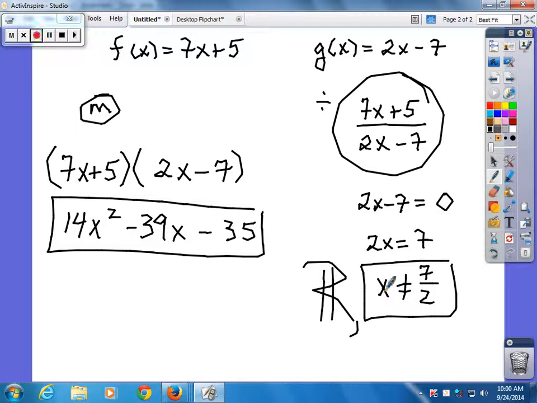Whatever this function looks like, it's going to have an open circle at 7 halves, which is 3 1/2. Because you cannot use 7 halves, because if you use 7 halves, you do not get an answer for y. So that's why it's affected there. Okay?